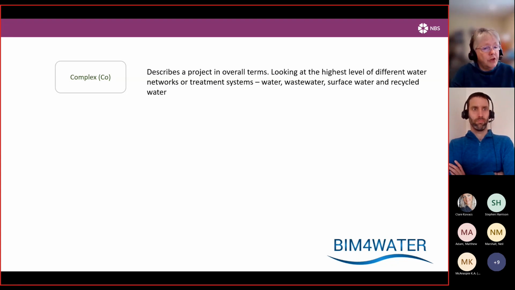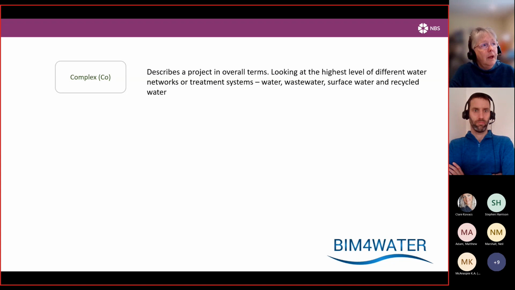Now, this terminology comes from the ISO 12006 Part 2, which seemed the most logical place to start. And the definitions are basically those, and it's important that you understand that, and that you then use the definition of what the complex is in terms of that standard to relate to the installations that you manage.